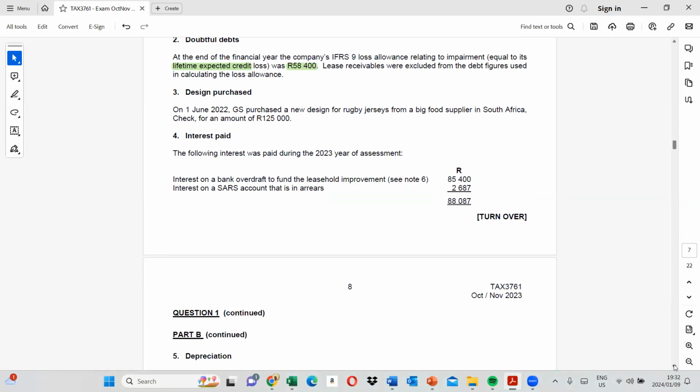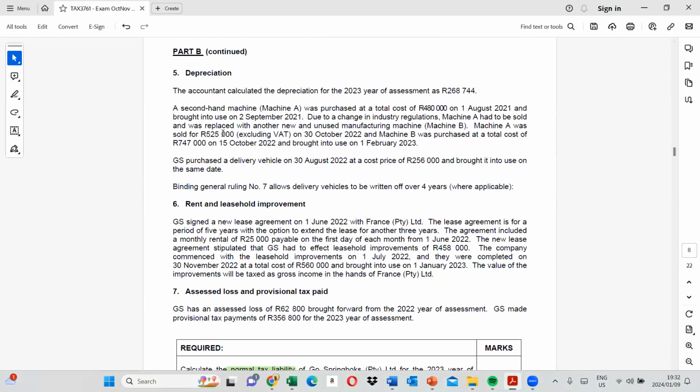All right, so 5, we have the accountant calculated the depreciation for the 2023 year of assessment is this. A second-hand machine was purchased at a total cost of 480 on 1st of August 2021 and was brought into use on 2 September 2021.